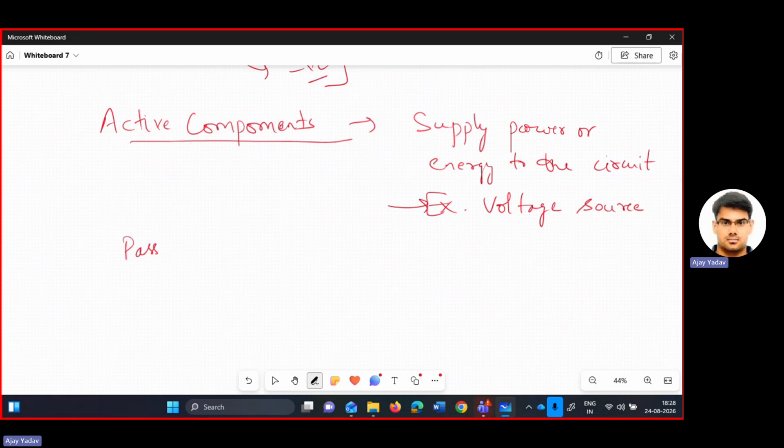What are passive components? Passive components are those components which absorb power or energy from the source.